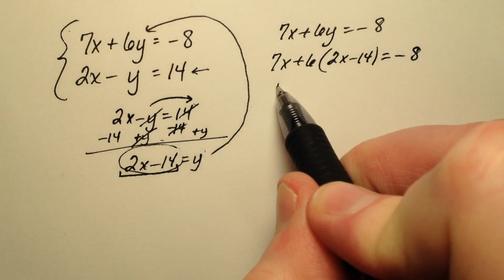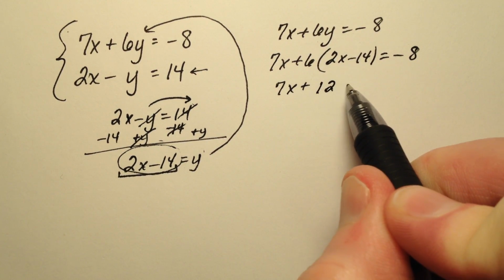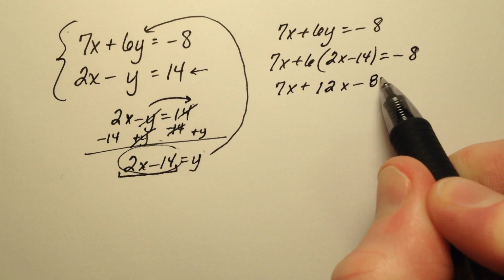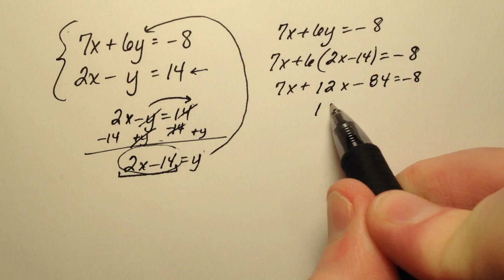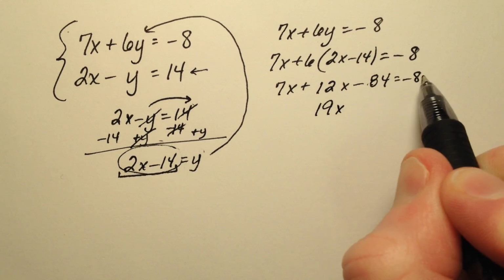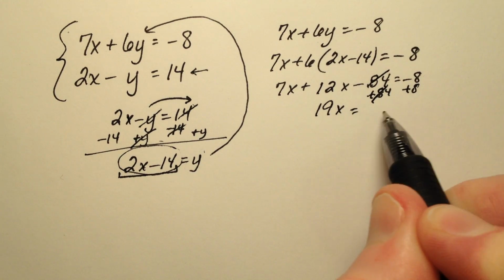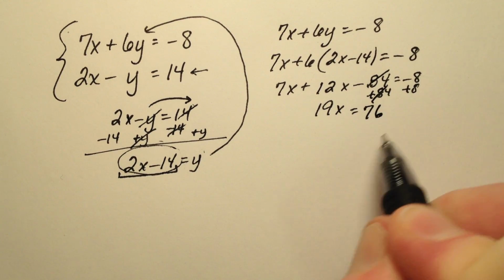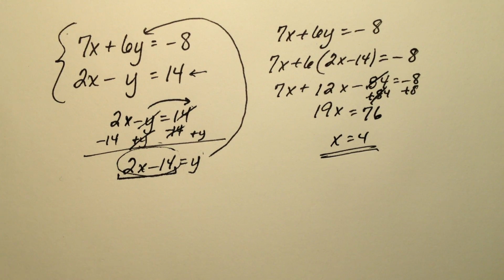Now I have 7x plus, using the distributive property, 12x minus 84 equals -8. So 19x, we're going to add 84 to both sides to get rid of those, and that ends up being 76. So my value of x is going to be 4.